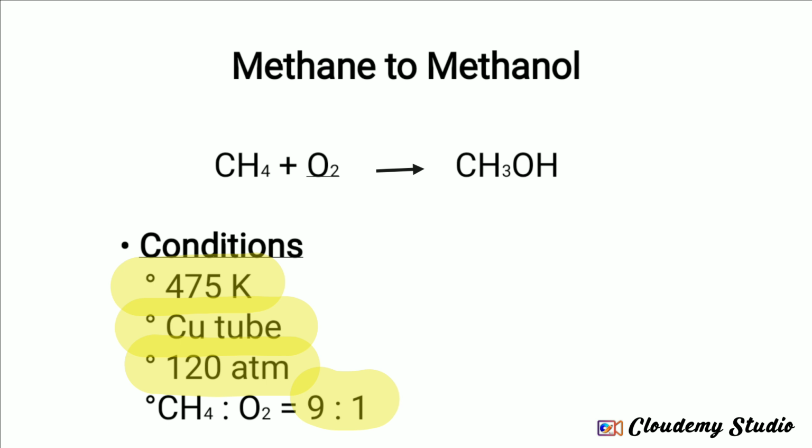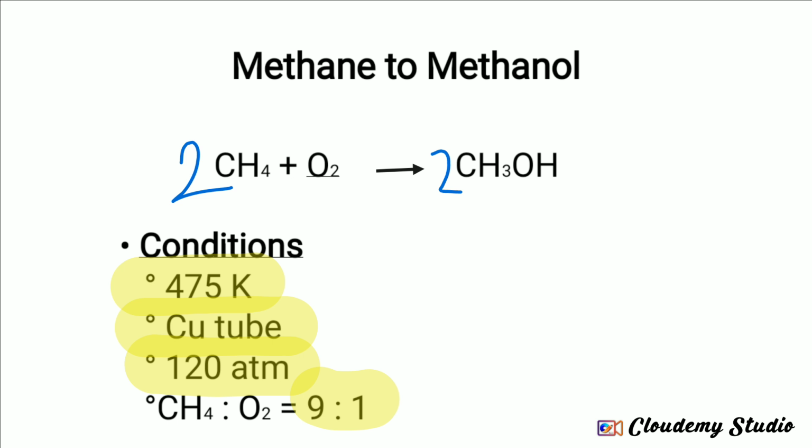So this CH3OH we need to multiply by 2. That is, 2 is placed in front of the formula. Now this 2 applies to all the atoms in the compound. So now on the right hand side there are 2 carbon atoms, whereas on the left hand side there is only 1 carbon atom. Therefore we need to balance this by multiplying by 2.